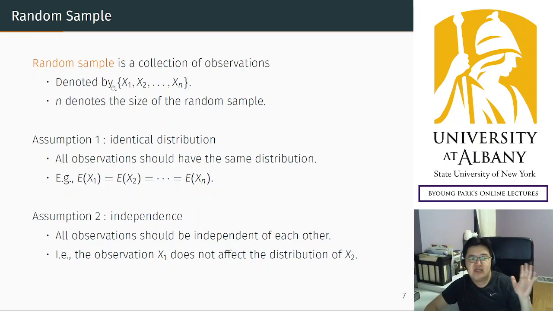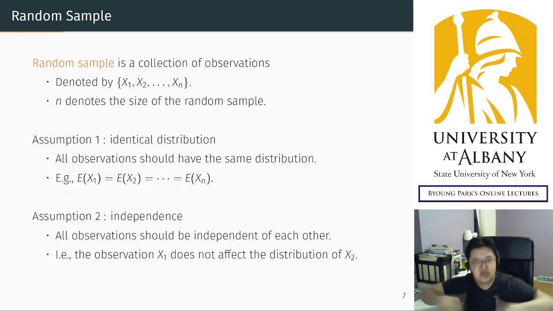We usually denote the size of the random sample as n, and in one random sampling, which is one experiment, you observe n observations, which becomes one outcome.